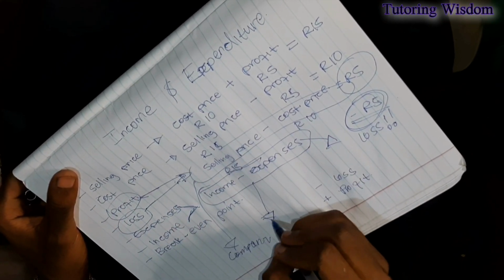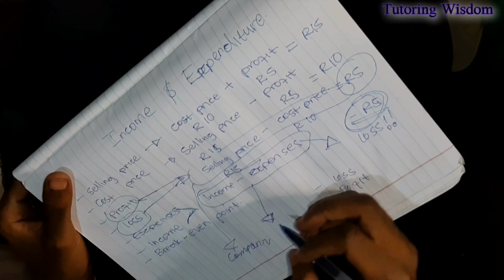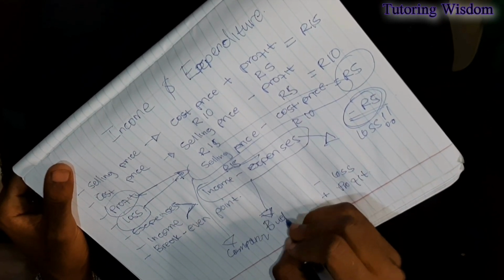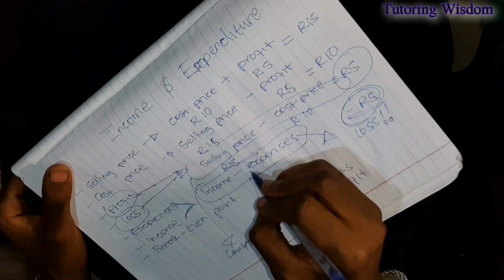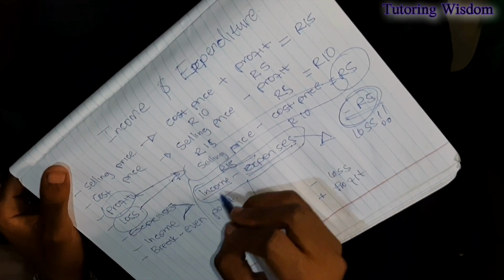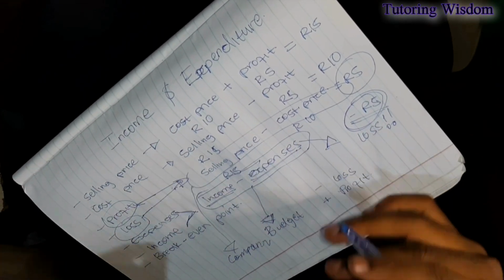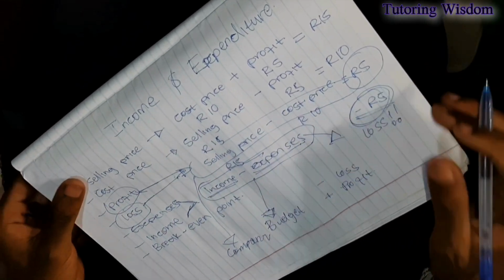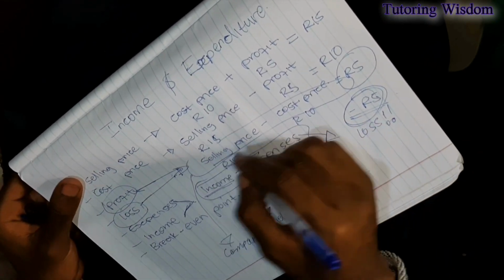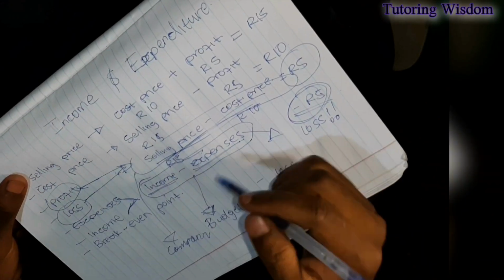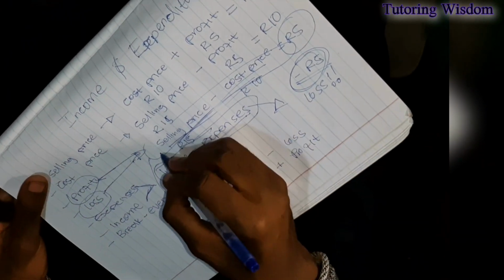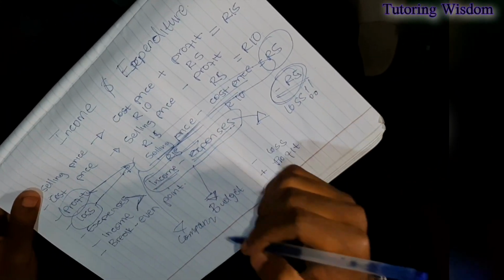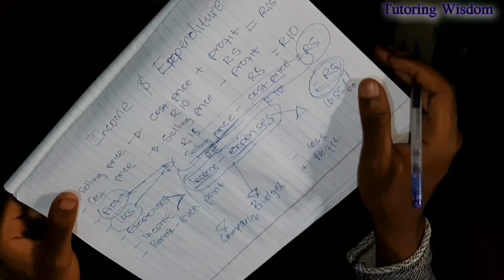It might be a bank statement. It might be somebody's budget. So that person will jot down his or her expenses and income. So you need to know specifically which one of these they are talking about. But usually in maths lit, they will tell you to calculate the selling price or calculate the income and expenses.